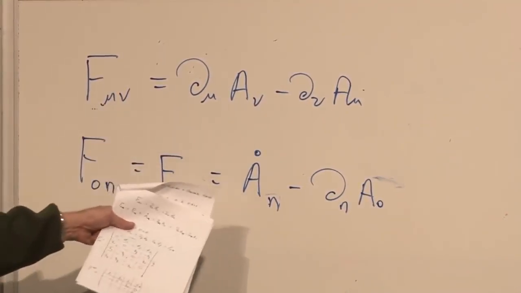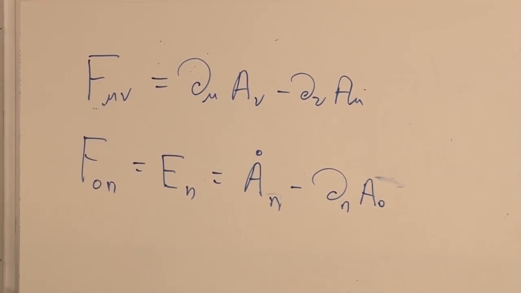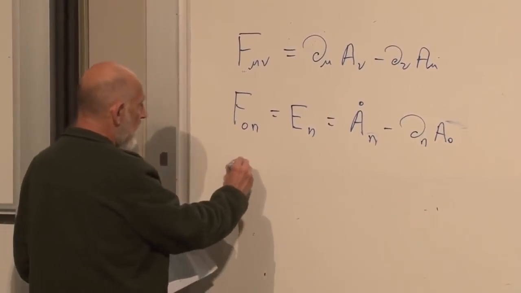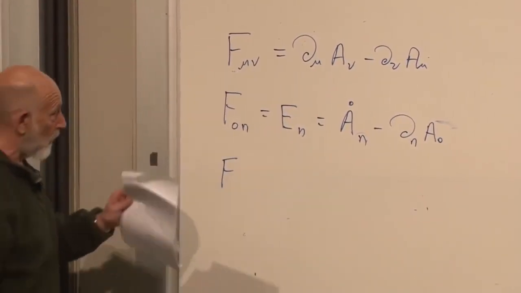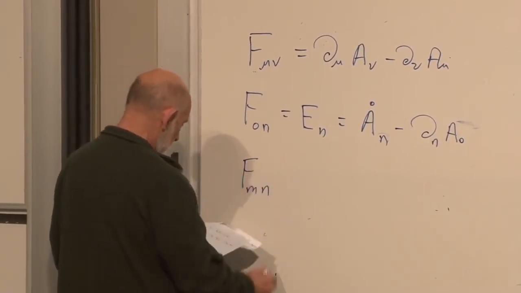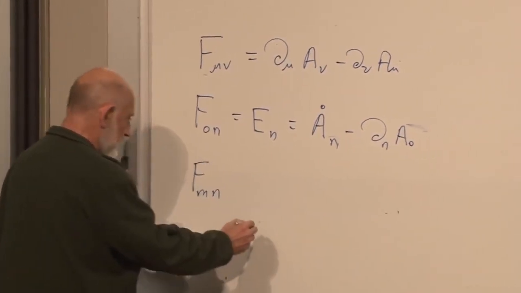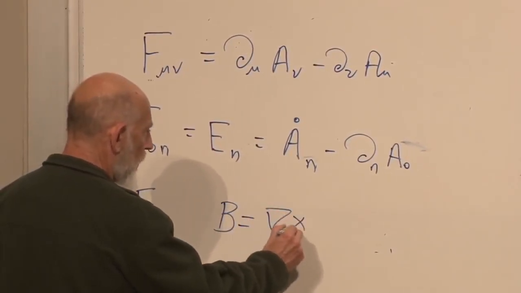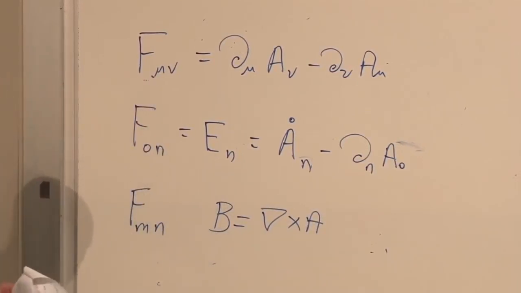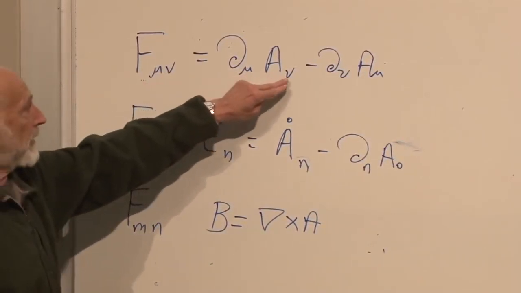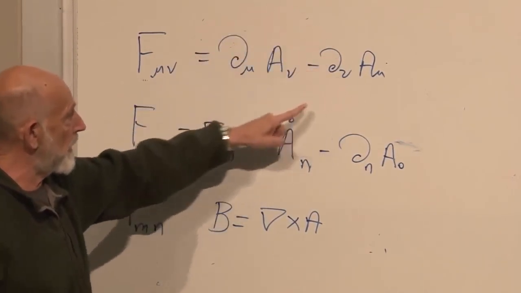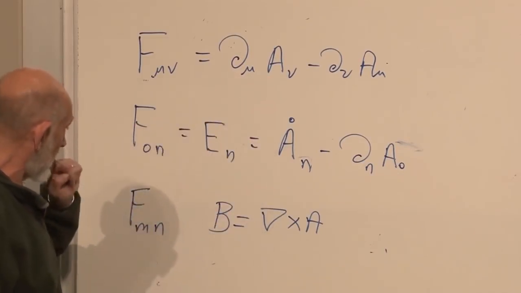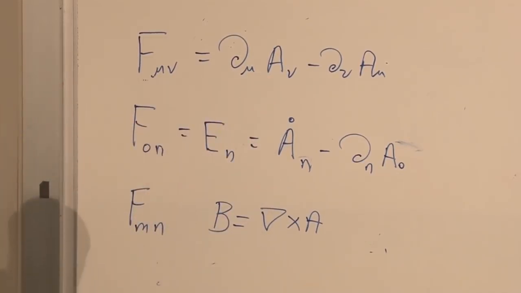I'm not going to use the expression in terms of the vector potential particularly, but just to remind you, that's the electric field, and the magnetic field is related to the space components, mn. The connection is that the magnetic field is equal to the curl of the vector potential. When restricted to the space components, this expression is simply the components of the curl of a vector.